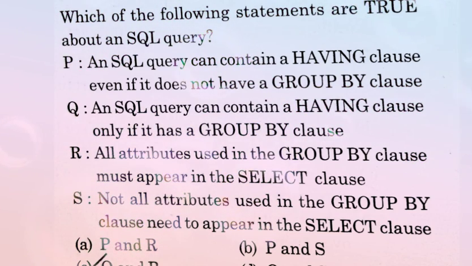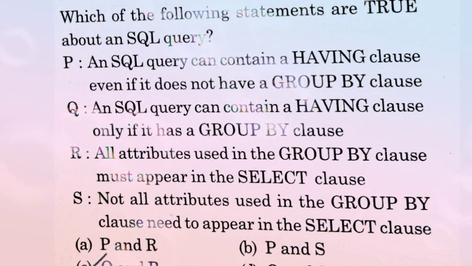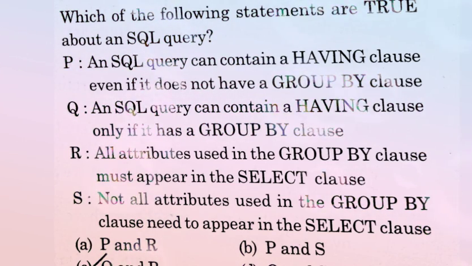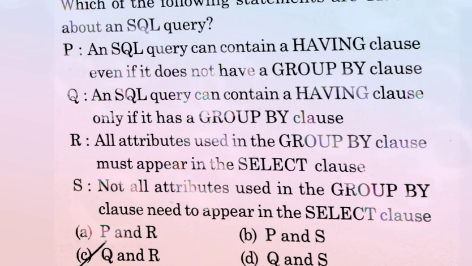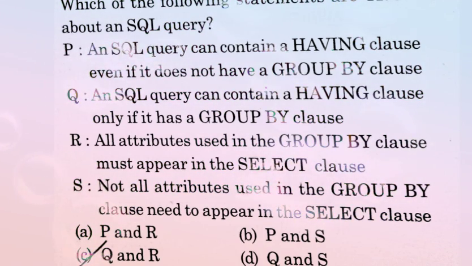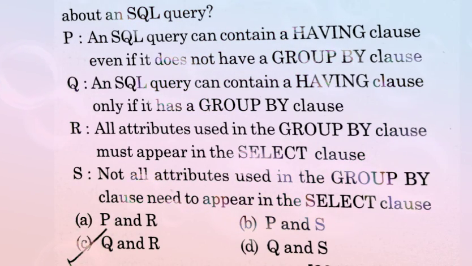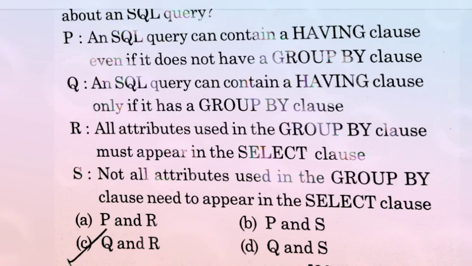Statement R: all attributes used in the group by clause must appear in the select clause. Statement S: not all attributes used in the group by clause need to appear in the select clause. The options are: A, P and R; B, P and S; C, Q and R; D, Q and S. We find the true statements.